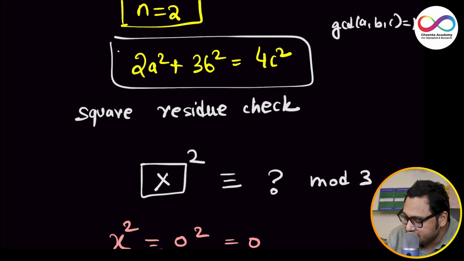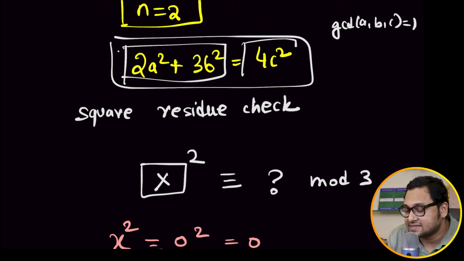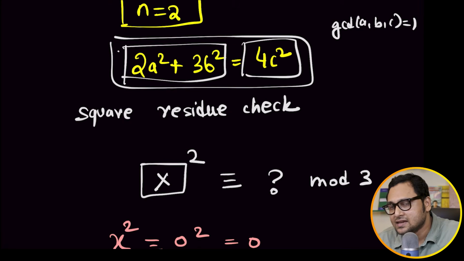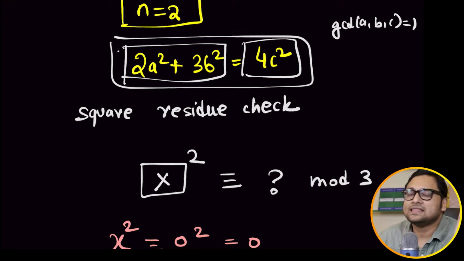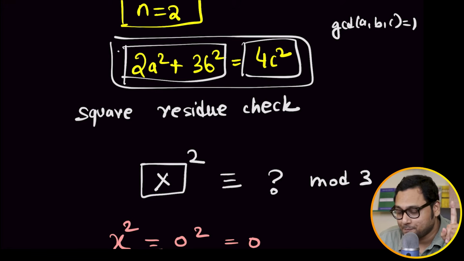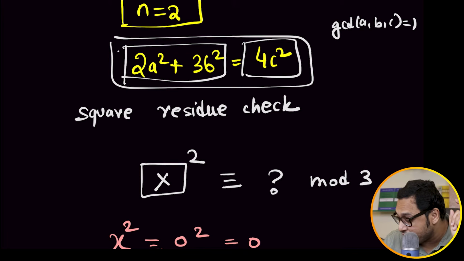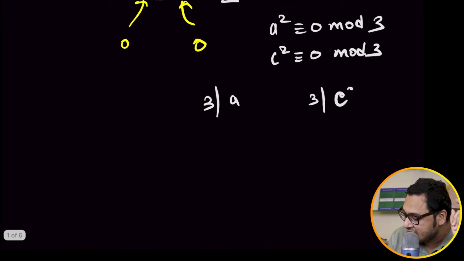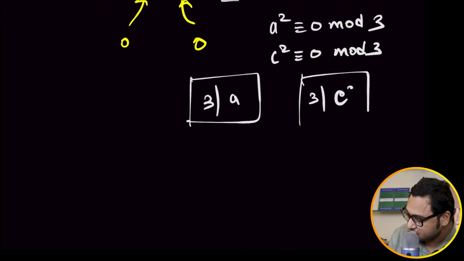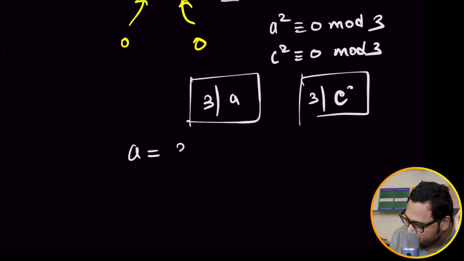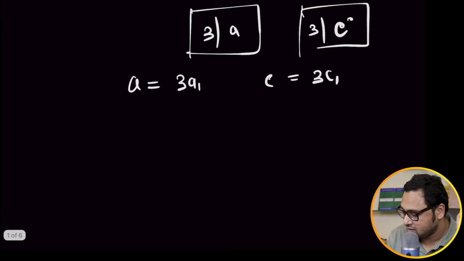Right? So if D divides the left hand side and D divides the right hand side, then we can cancel it off from both sides. So we can assume that a, b, c has GCD 1. Okay? And we just now found that a and c are divisible by 3. So let's say I write a equals 3a1 and c equals 3c1.